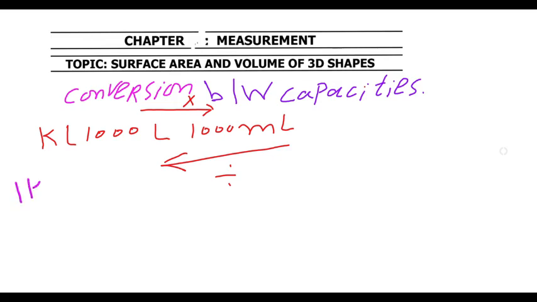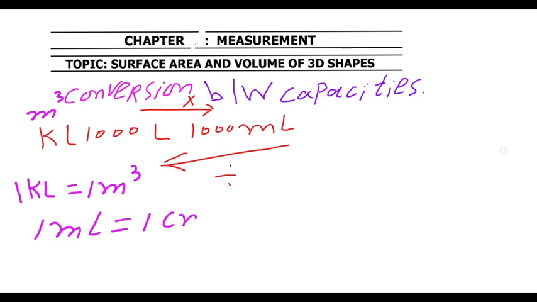Now you must remember, 1 kiloliter is equal to 1 meter cube. This is the kiloliter, so I can write on top meter cube, because 1 kiloliter is equal to 1 meter cube. And also 1 milliliter is equal to 1 centimeter cube.